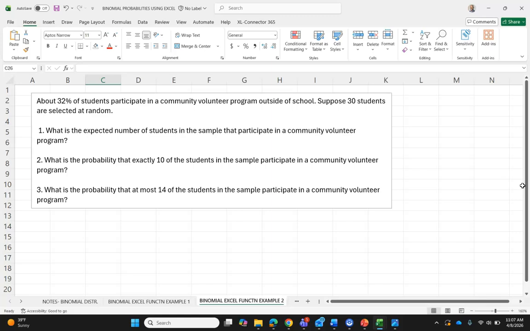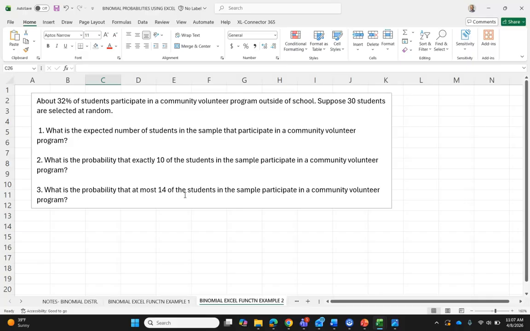What is the expected number of students in the sample that participate in a community volunteer program? What is the probability that exactly 10 of the students in the sample participated in a community volunteer program? And what is the probability that at most 14 of the students in the sample participated in a community volunteer program?